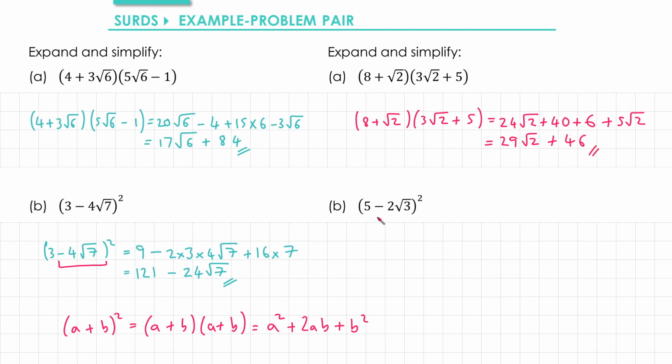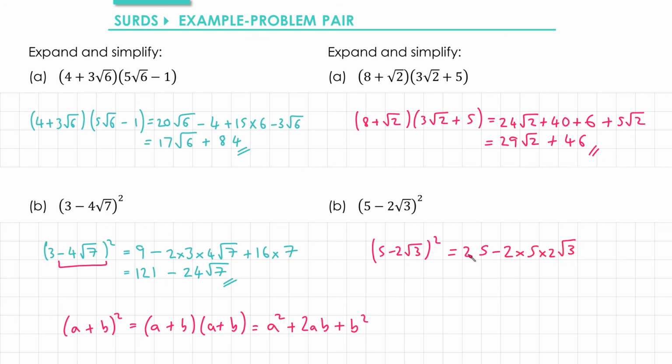In part B, we've got 5 minus 2 root 3 all squared. Squaring the first term gives 25. Then we'll have 2 times 5 times negative 2 root 3. As we're timesing by a single negative, we're going to have a negative for the answer. And then we've got 2 times 5 times 2 root 3.